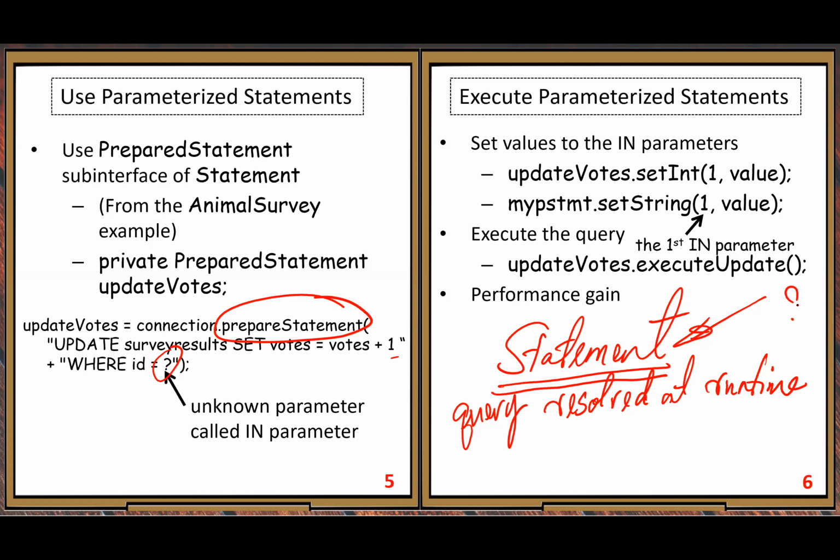The way is, remember, we set the statement object to null at the beginning because we don't know it. At runtime, after you get all the values, you set the statement equal to everything, with no question mark.